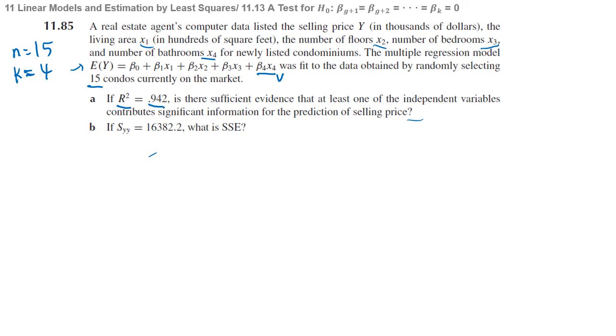In situation A, what we want to test is whether all the parameters are 0: beta 1 equals beta 2 equals beta 3 equals beta 4 equals 0, versus the alternative hypothesis that at least one of the independent variables is not 0, which is not H0.